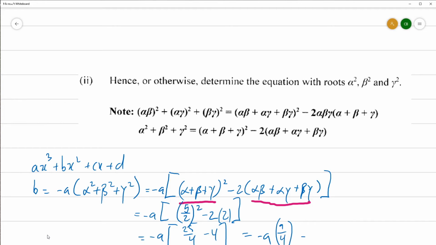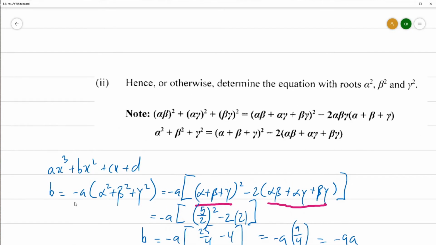So I'll just write this properly. Minus 9a on 4 is what b is. So hopefully, as we move on, we could find a value for a, and we would be able to find out the exact b term. So that's for b.